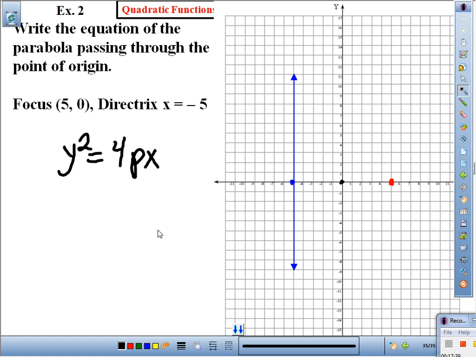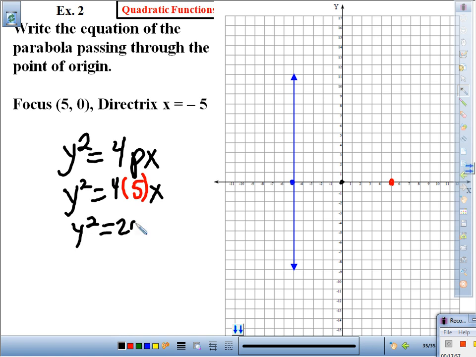All right. So instead of p, what do I write? 5. So we get y squared equals 4 times 5x. y squared equals 20x. And that's our equation. Are we done? No, let's graph.